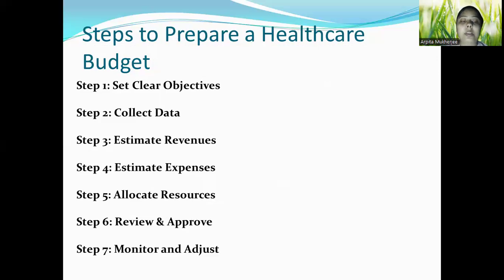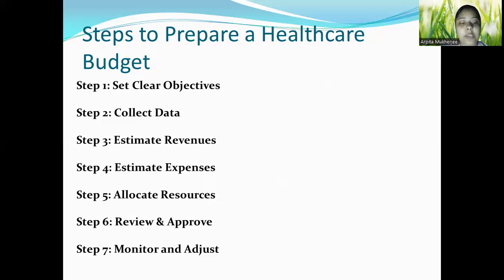Next step is allocation of resources. Here, distribute funds to departments based on priorities and needs. Use performance indicators to support your decision. The sixth step is review and approval.